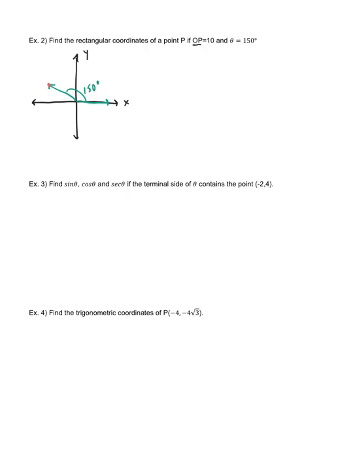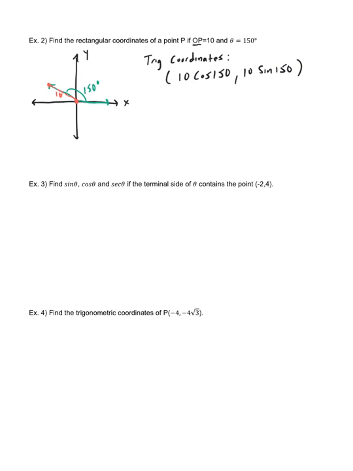Our point P is a distance of 10 away from the origin, so this segment right here would be 10. And so that means our trigonometric coordinates would be 10 cosine 150, 10 sine of 150.